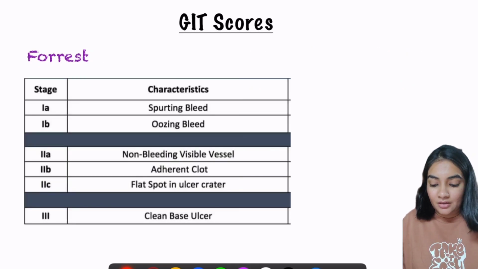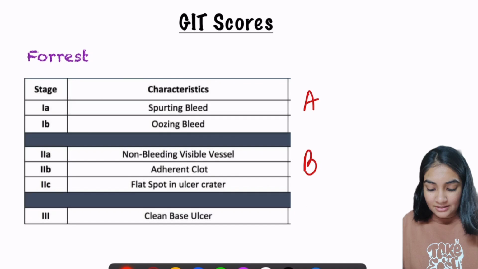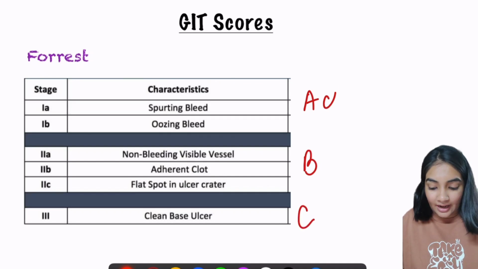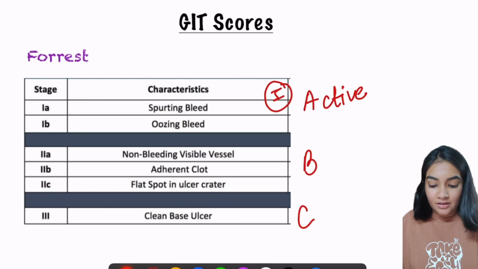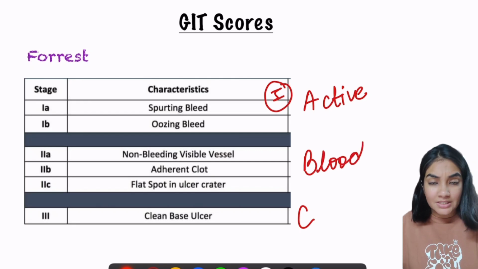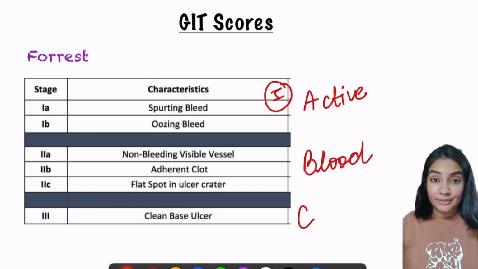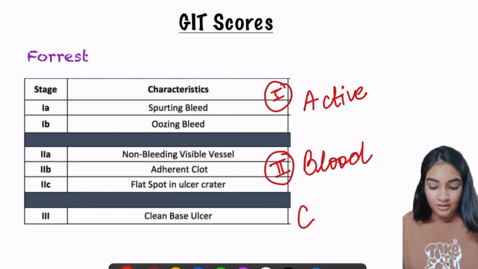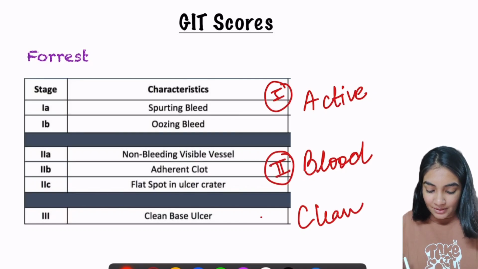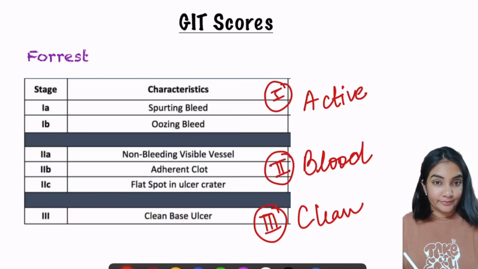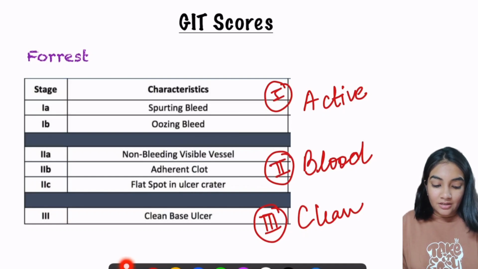Okay, so starting off with Forest classification. Here just remember A, B, C, that is active bleed is stage 1. Just blood, if you see, there is no active bleeding per se, there is only blood. It is stage 2, and a clean ulcer base is stage 3. So the details are 1A, 1B, spurting bleed, oozing bleed. Both of them are active bleeding.